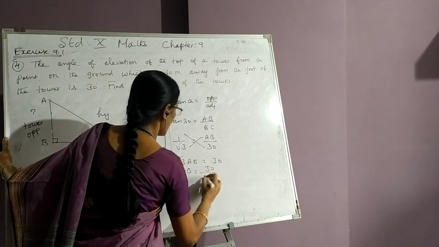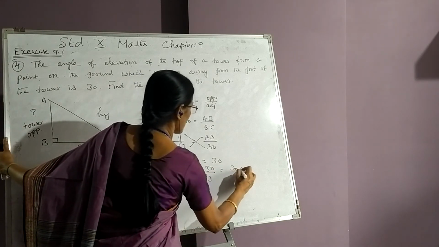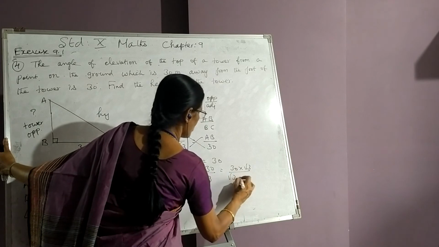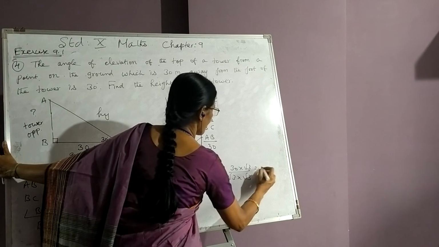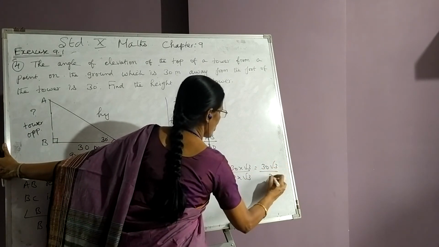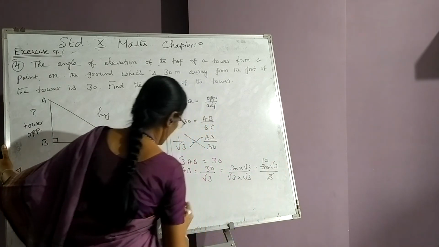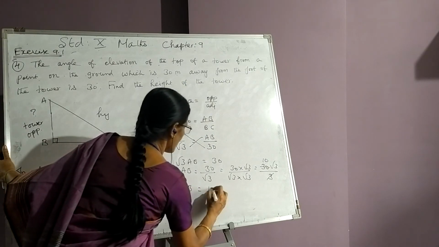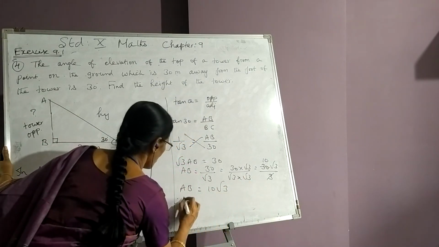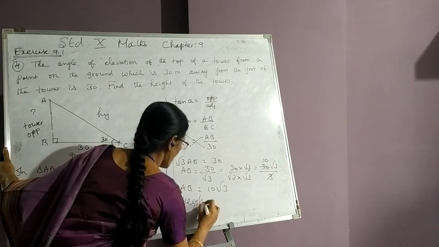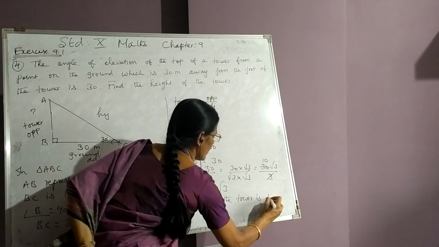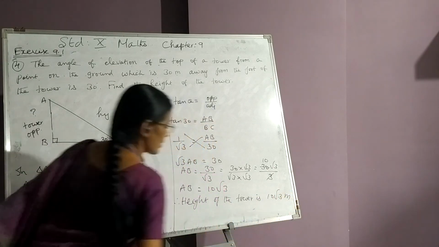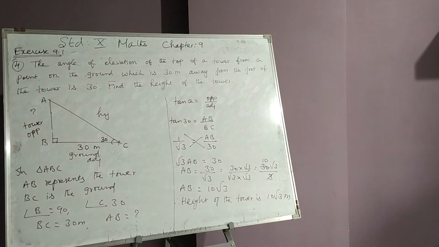AB is 30 upon root 3, which is 30 into root 3 upon root 3 into root 3, which is 30 root 3 upon 3. This gets cancelled. Therefore, AB is equal to 10 root 3. Therefore, height of the tower is 10 root 3 meters.